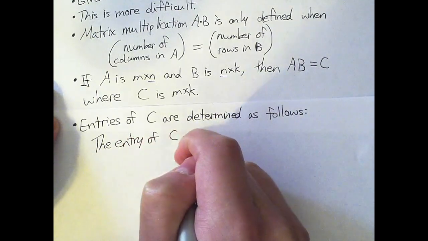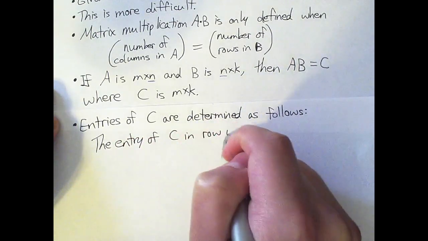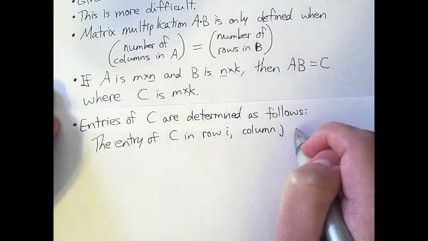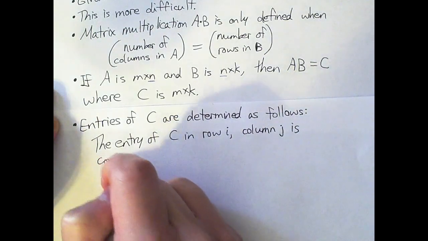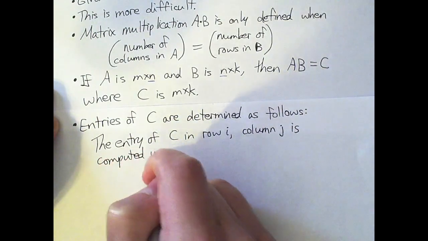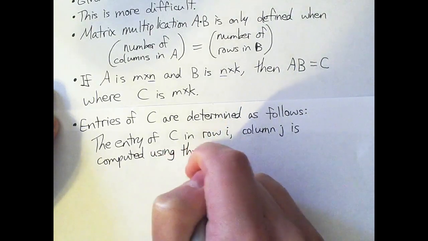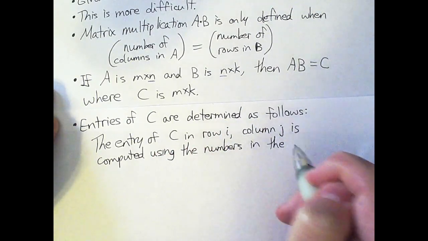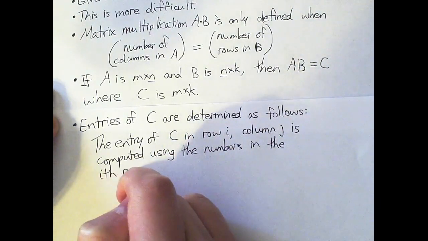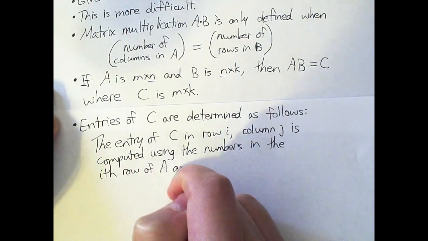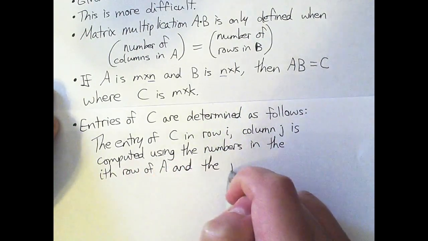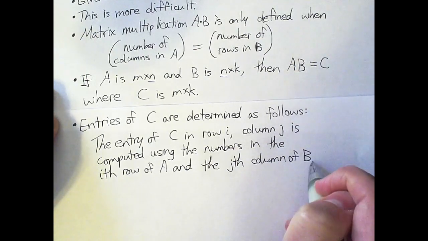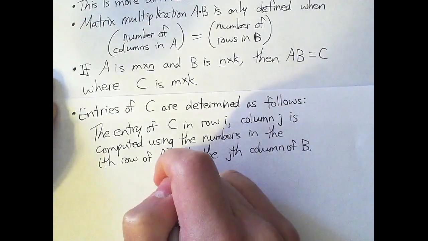The entry of C in row i, column j, is computed using the numbers in the ith row of A and the jth column of B. Makes sense that we would have to use both A and B in some manner.